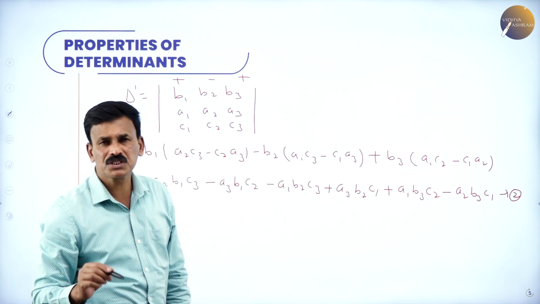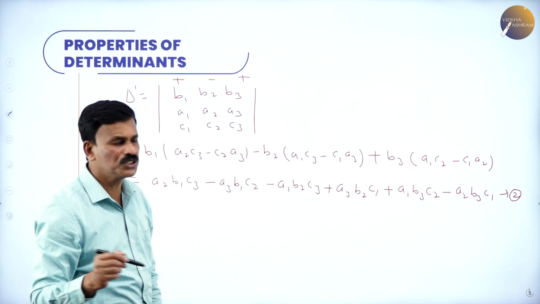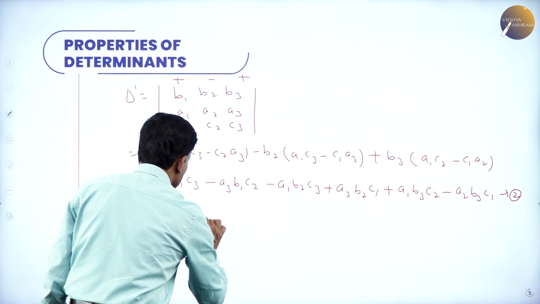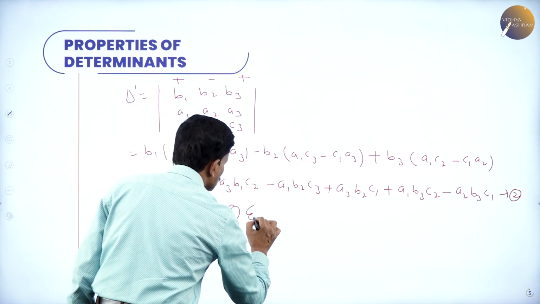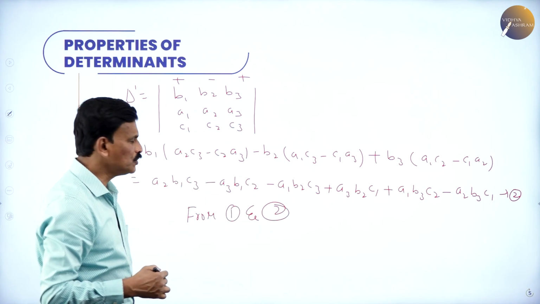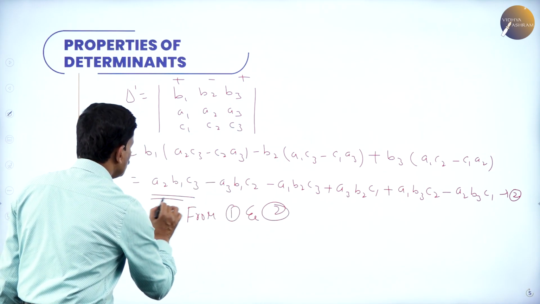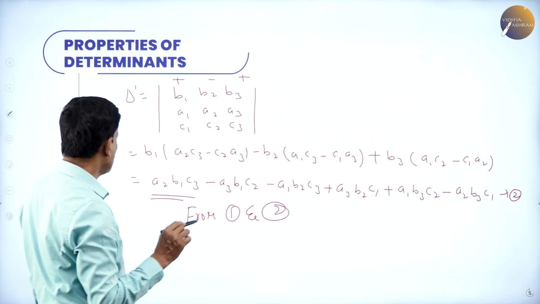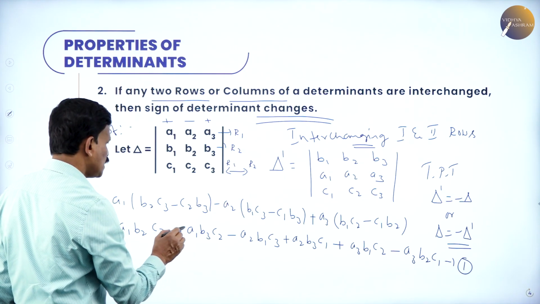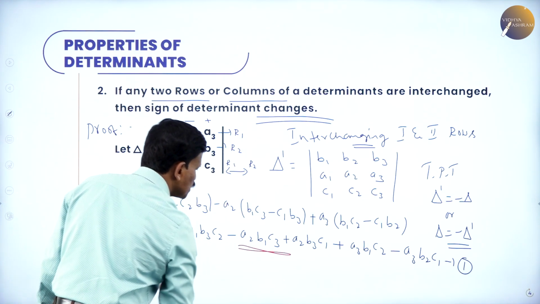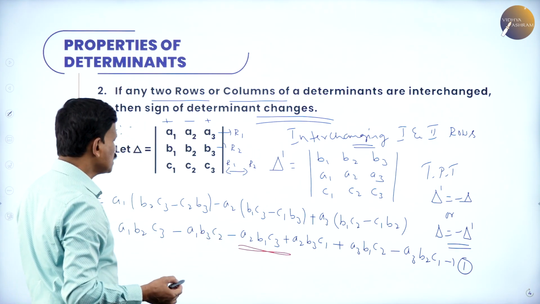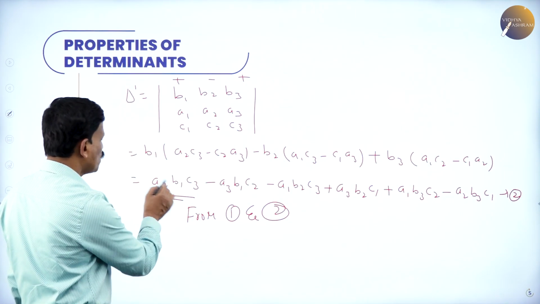Now just observe carefully equation 1 and 2. In equation number 2 we have A2 B1 C3 with one sign, and here we have A2 B1 C3 with the opposite sign. This is minus, here we have positive.